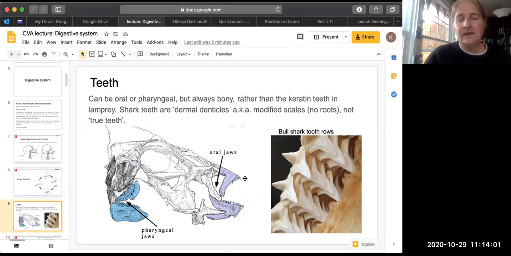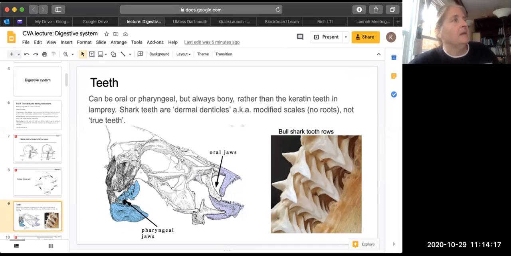If the prey item went in here, they would bite it, they would have some suction, and it would be pulled back. And the pharyngeal teeth would start crushing it. So for animals that eat mollusks or something that needs to be crushed and broken down, the pharyngeal teeth break it down, so it's not just shoved back into the stomach.